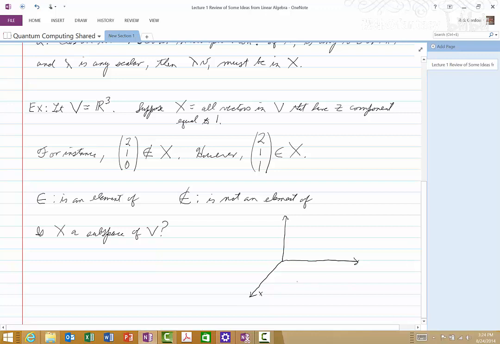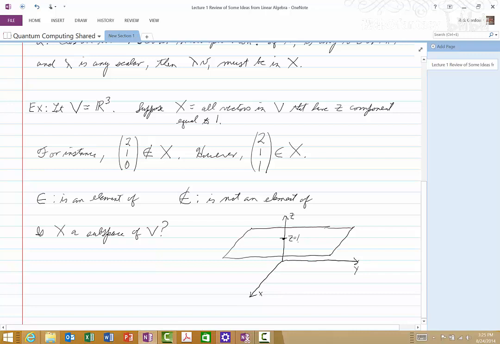If we think of all of space as being V, then, and I'm probably not going to draw this too well, here at Z equals 1 is the plane that is parallel to the XY plane and intersects the Z axis at Z equals 1.